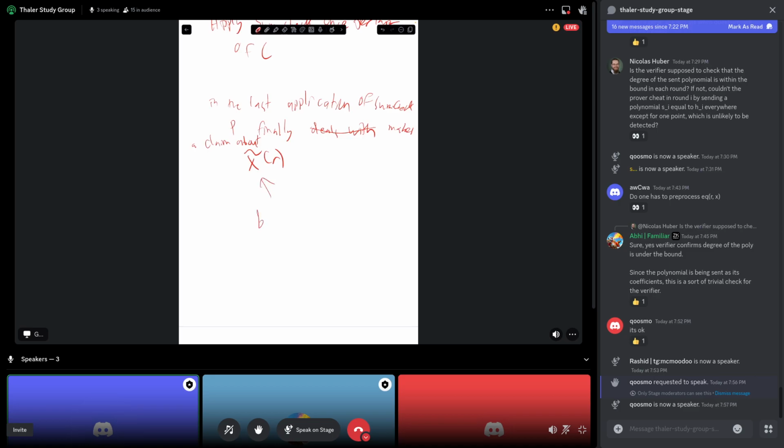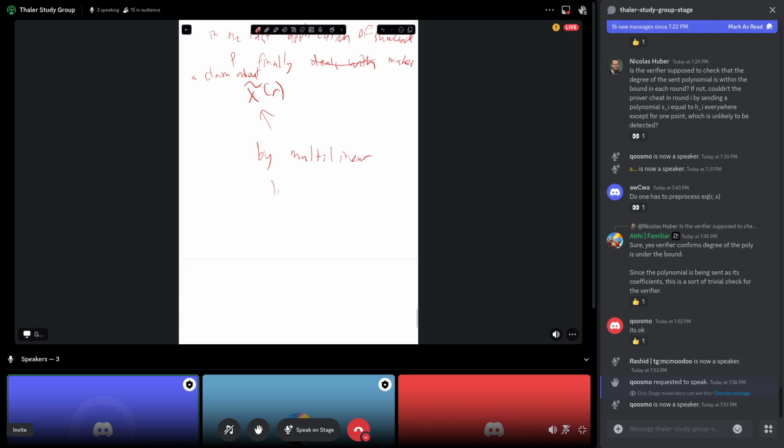And by multilinear Lagrange interpolation, implemented intelligently, the verifier can compute X twiddle of r in time linear in the size of X.